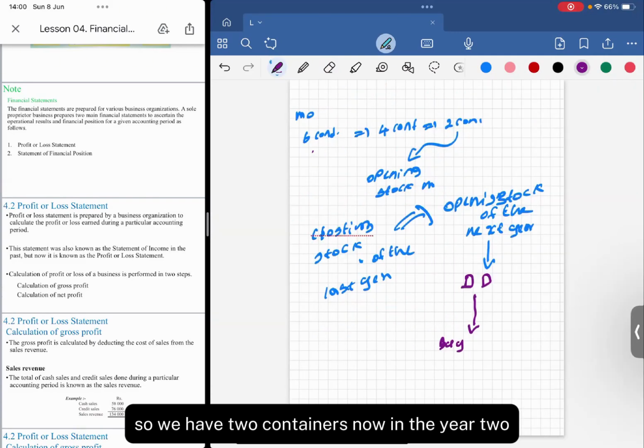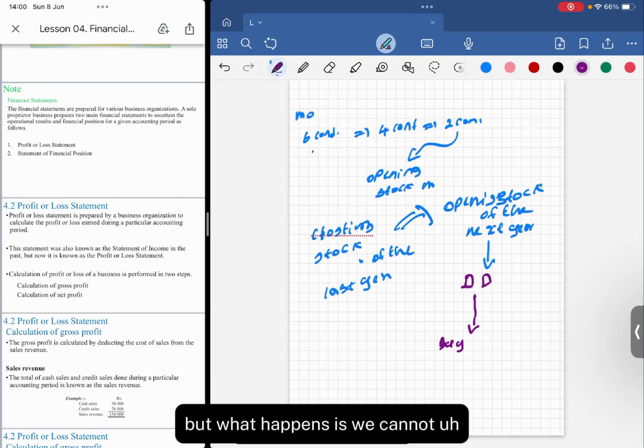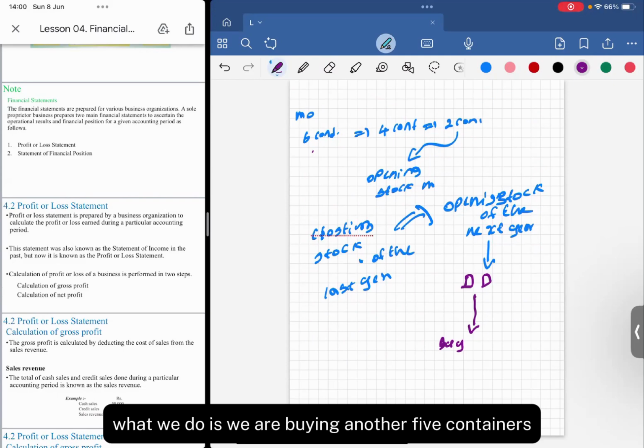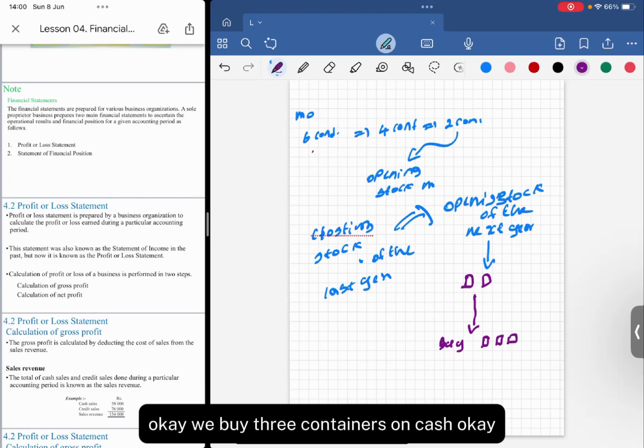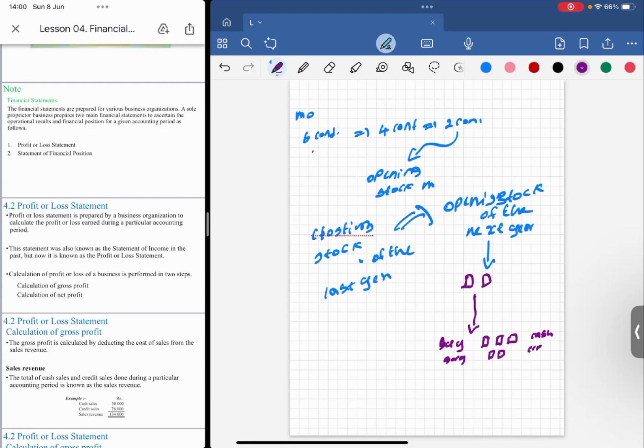Now in year two we are opening with a stock of two containers, but we cannot do this job with two containers alone. We have more sales. Therefore we are buying another five containers. We buy three containers on cash, and we buy another two containers on credit.